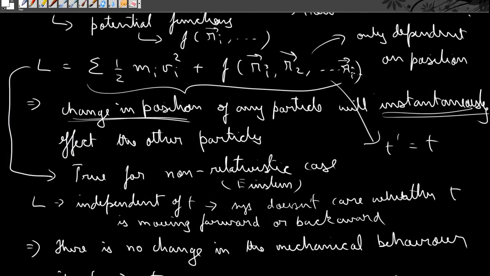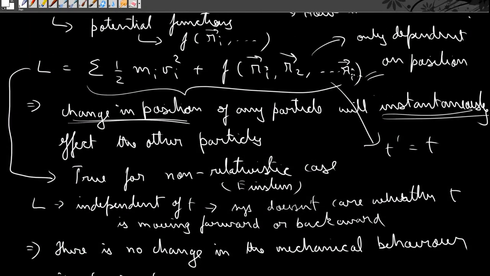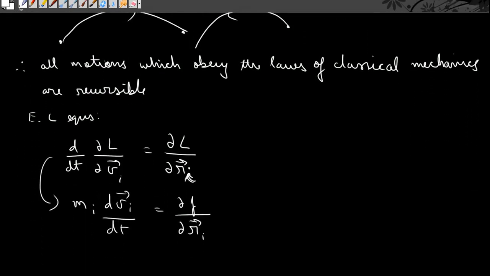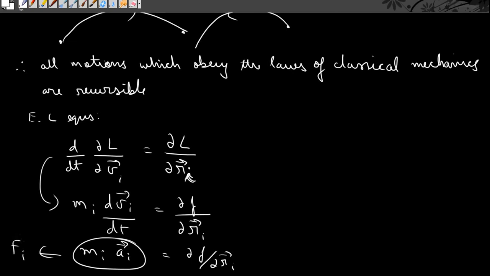Okay, so that is basically differentiating this. But this is clearly mi ai equal to ∂f/∂ri, but mi ai is basically the force on the ith particle, right?